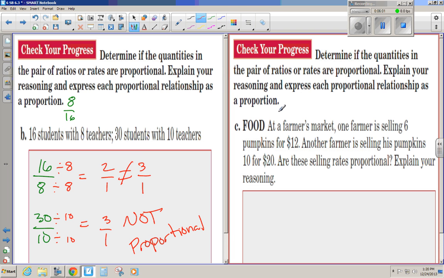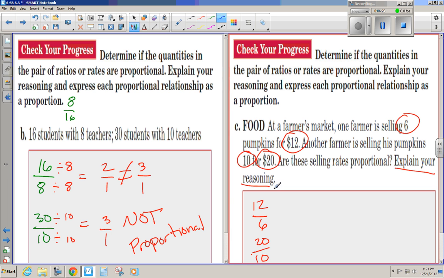All right. Here's another check your progress. At a food market, one farmer sells 6 for $12 and another farmer 10 for $20. Are these selling rates proportional? Well, explaining your reasoning is showing your work. So do 12 over 6 and 20 over 10.